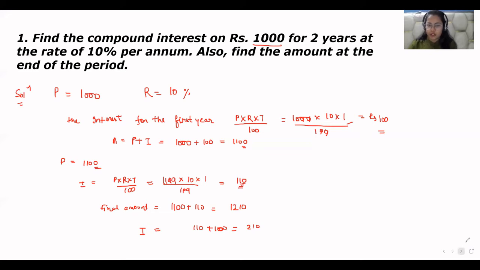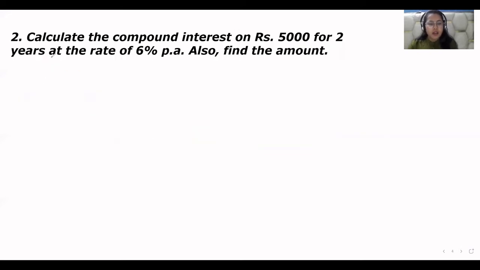Let's solve one more question of this type. Calculate the compound interest on rupees 5000 for 2 years at the rate of 6%. This time our rate is 6%. So what is our principal? Our principal is 5000, our rate of interest is 6% and our time is 2 years. First we calculate for the first year.